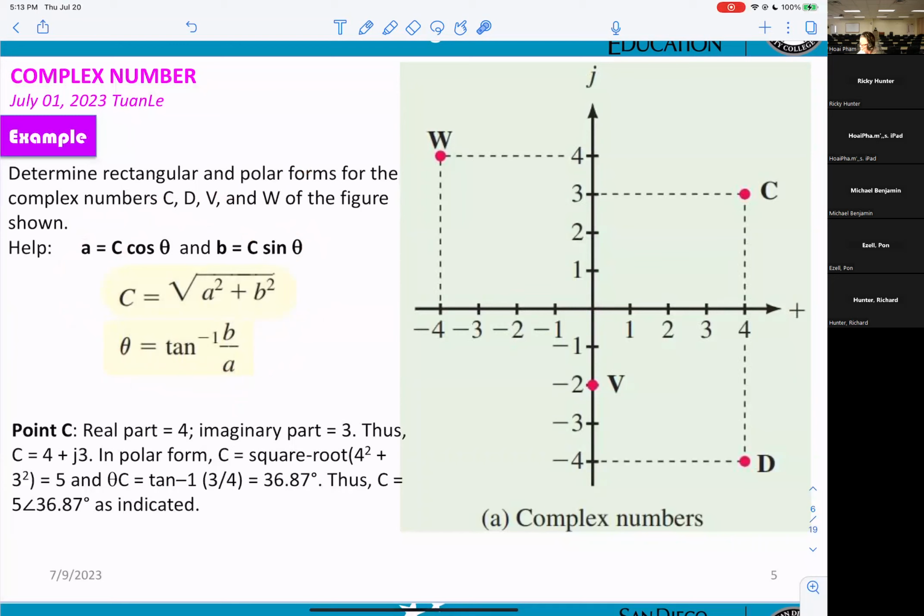First thing, you can see right here, for rectangular, this will be J3. Going down, the real number is 4. So the real part will be 4 and the imaginary part will be 3.